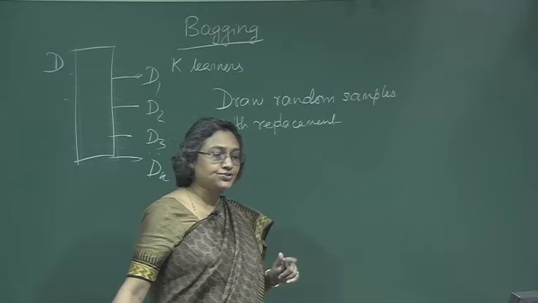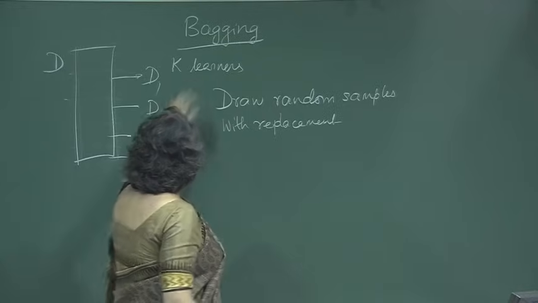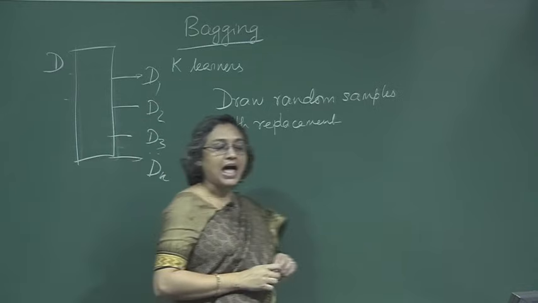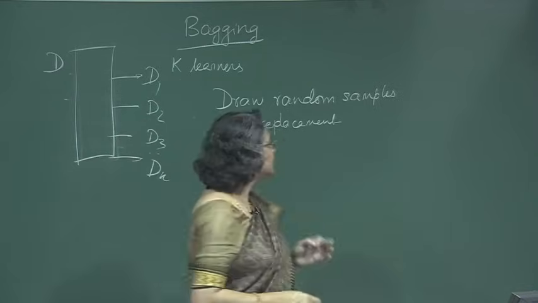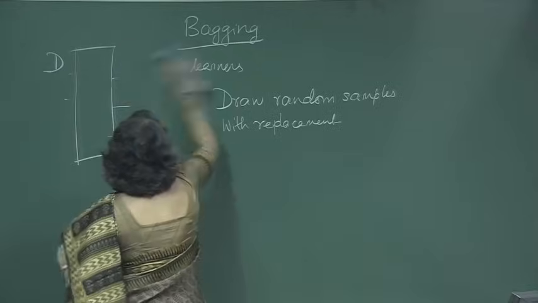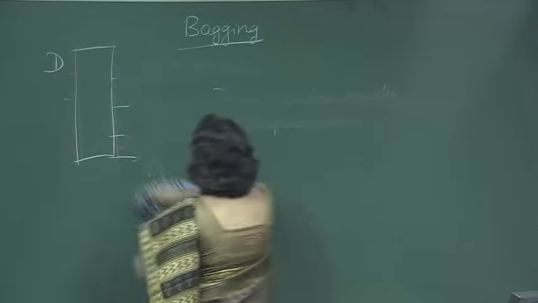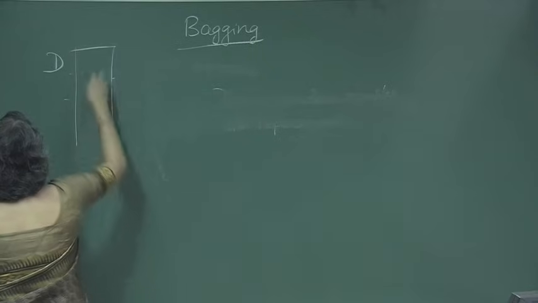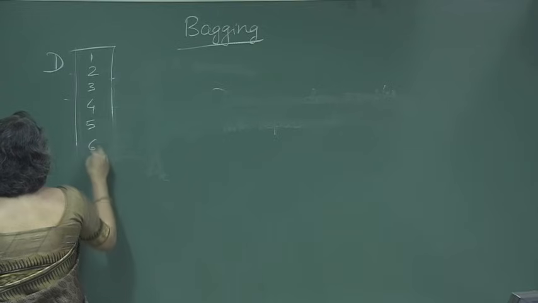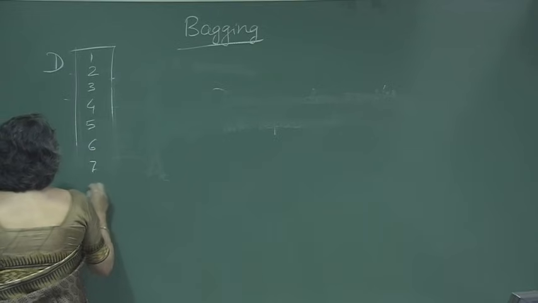And we use bootstrapping to generate the training sets. We generate these k training sets. Suppose in this D, we have the instances 1, 2, 3, 4, 5, 6, 7, 8.